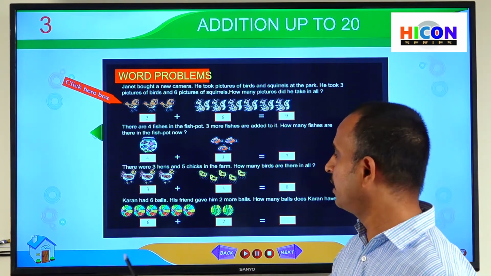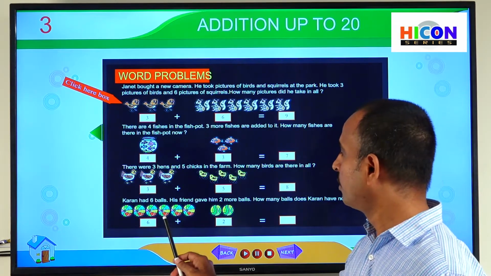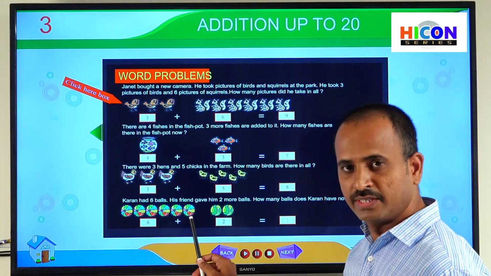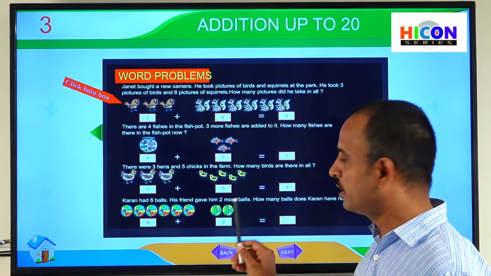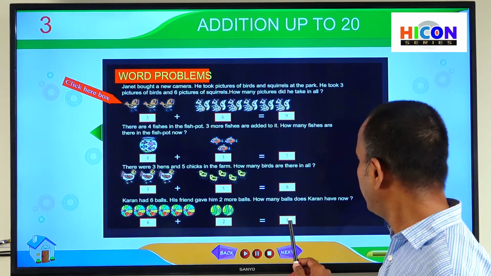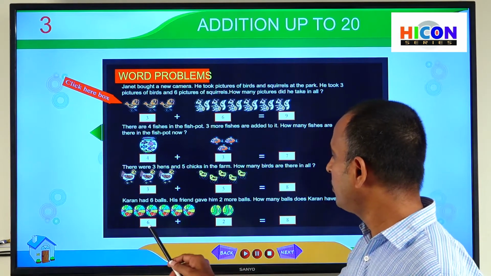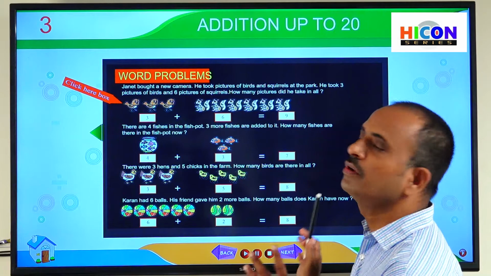So let us start counting. 1, 2, 3, 4, 5, 6. After 6, 7, 8. So the total number of balls is 8. So write 8 in this box. So 8 is the sum of 6 and 2. So children, this is the way to do the word problem.